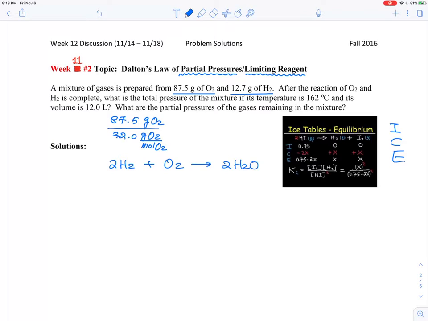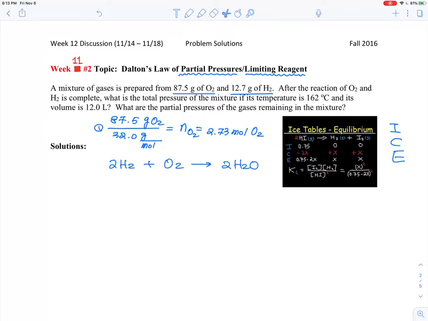So that's grams per mole. To make it easier, we'll simplify this way. Therefore, the number of moles of O2 in the beginning is 2.73 moles of O2.